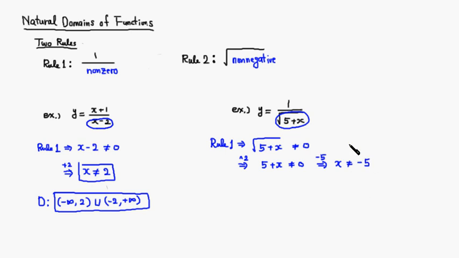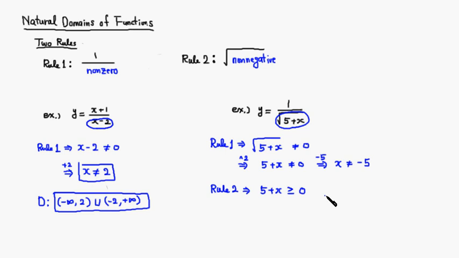But there's a square root here, so we need to apply rule number 2 as well. Rule number 2 tells you that the expression inside the square root, which is 5 plus x, has to be non-negative, which means greater than or equal to 0.